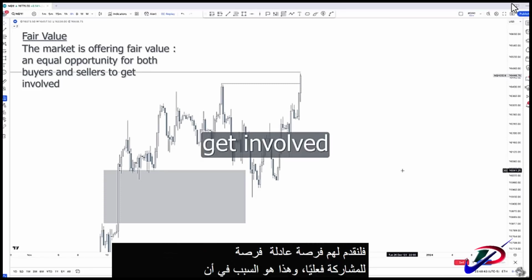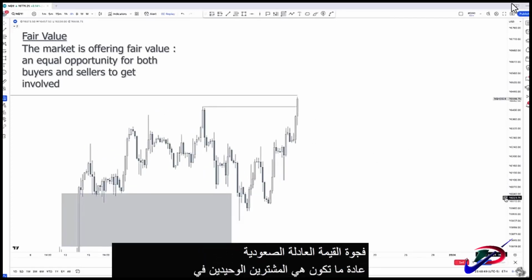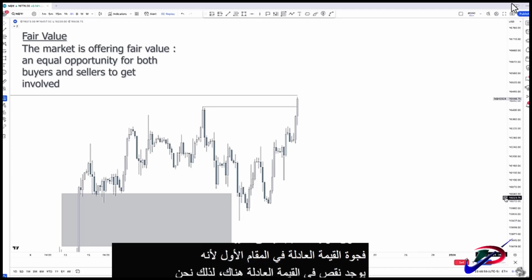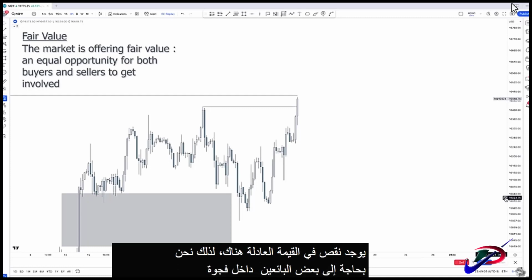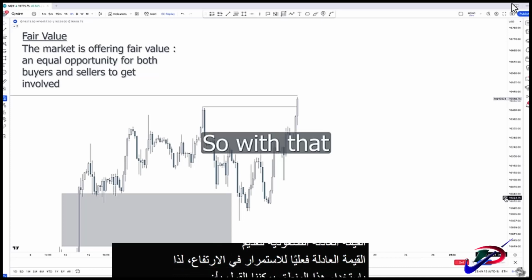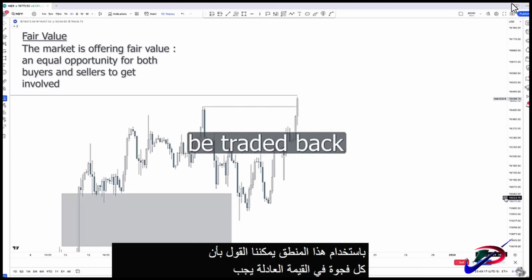Which is why a bullish fair value gap is usually what? It's only buyers in the market, which is why it's called a fair value gap in the first place. Because there's a lack of fair value there. So we need some sellers inside that bullish fair value gap to actually offer the fair value to then continue higher. So with that logic, we could argue that every fair value gap should be traded back into, right?